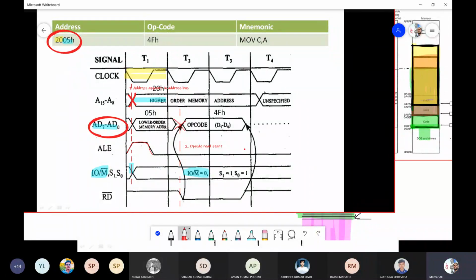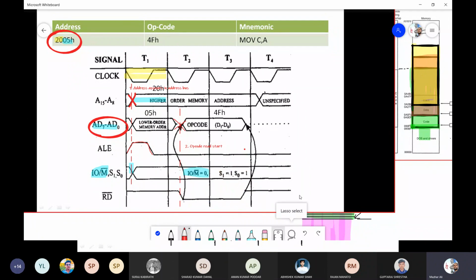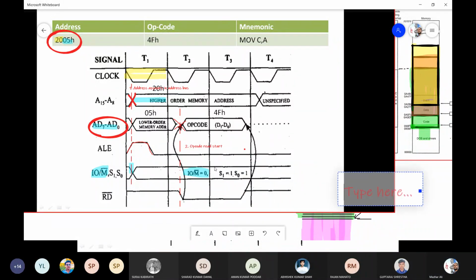So basically I will write that in binary. 4FH is basically 0100.